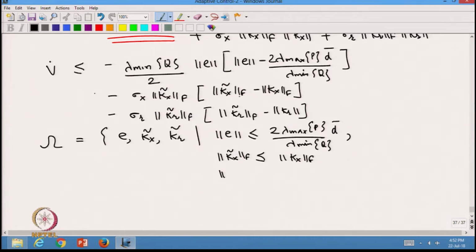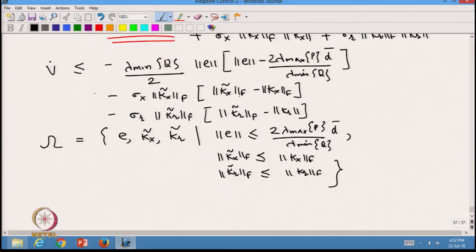Although we don't know what that number is, it's a constant. So kr tilde Frobenius norm is less than or equal to the norm of kr.